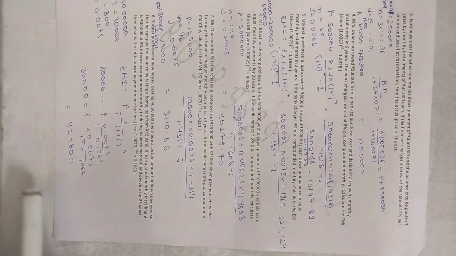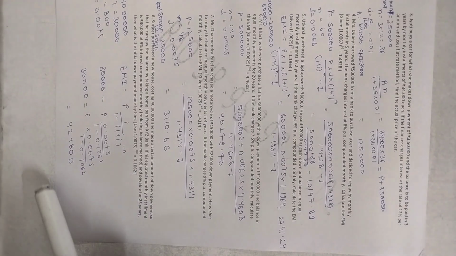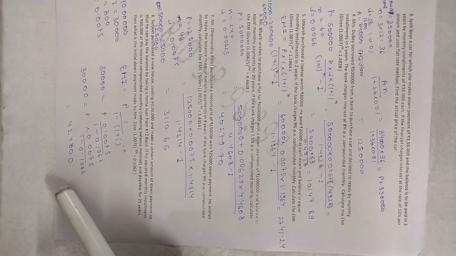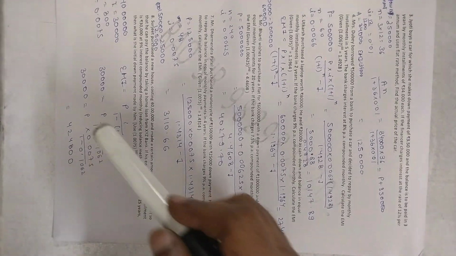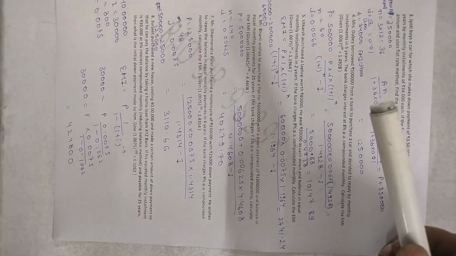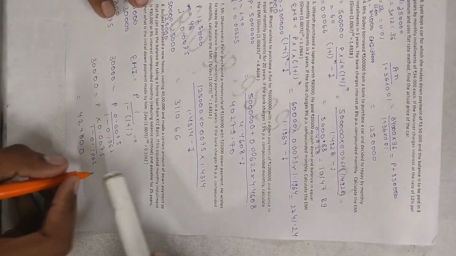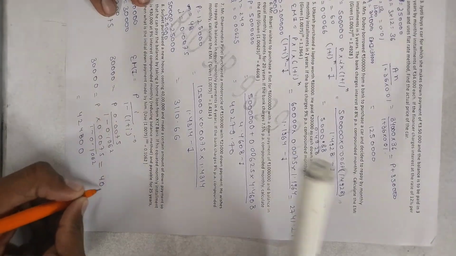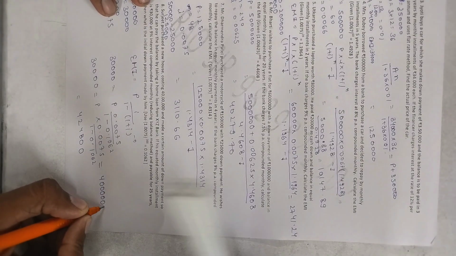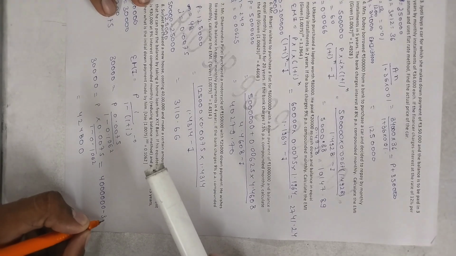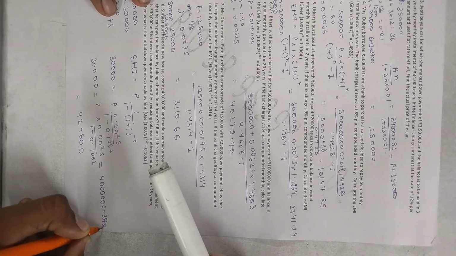I think you should calculate properly. P is this one. Look here, this is equal to 40 lakh minus 35,75,200.